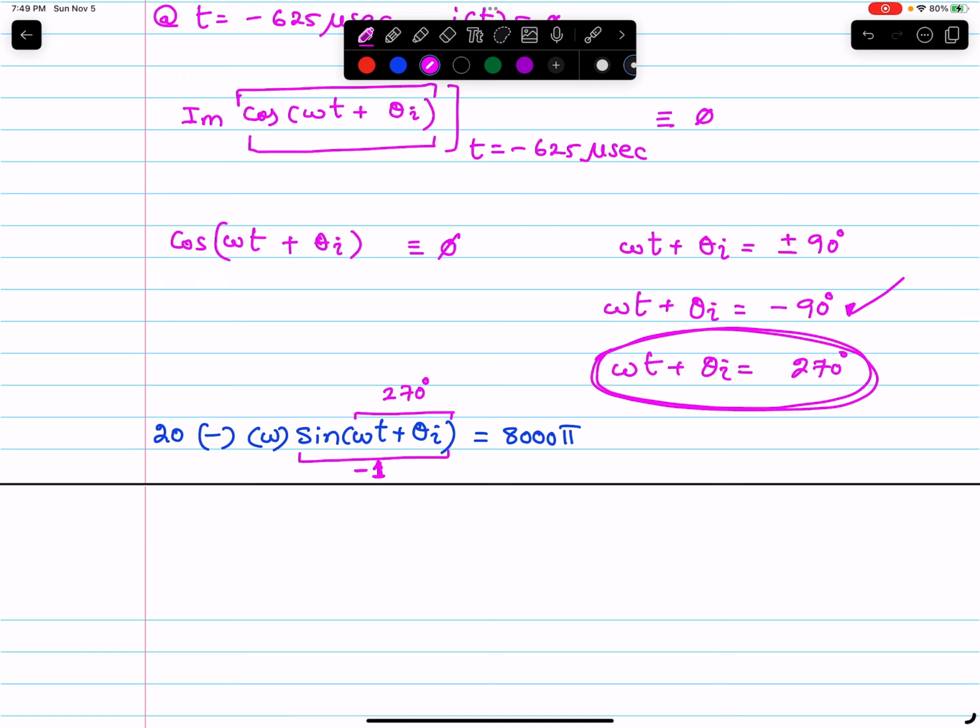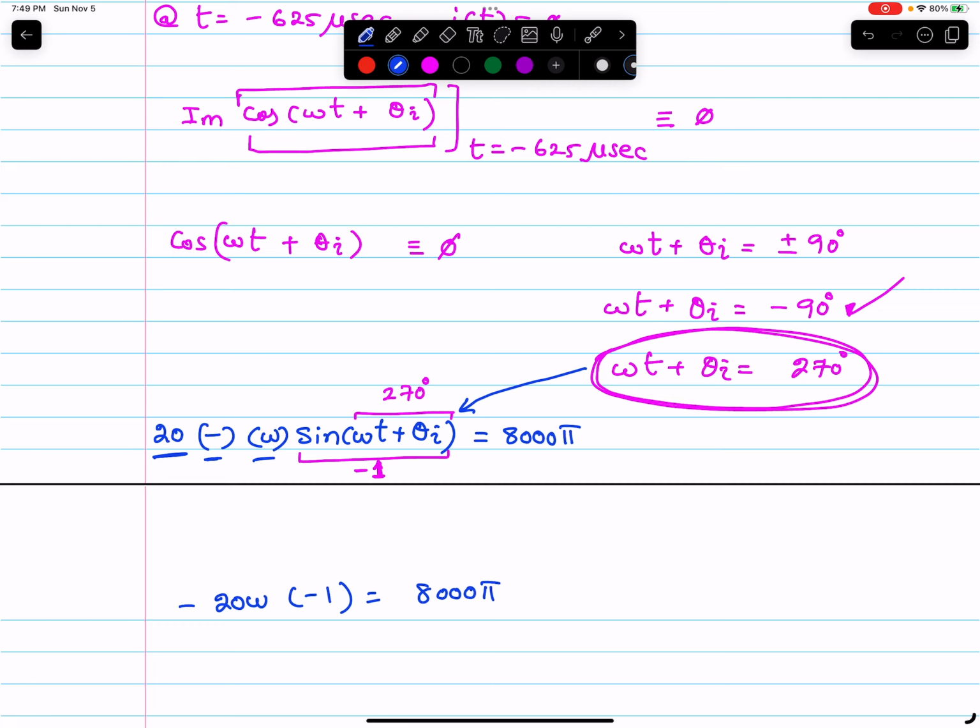So by plugging in this piece of information, we have negative 20 omega times negative 1 equals 8000 pi.